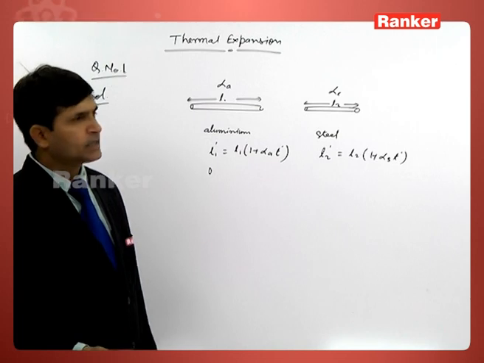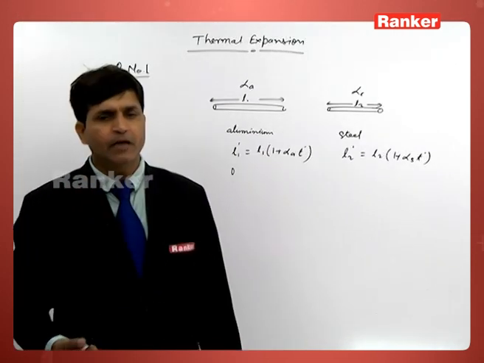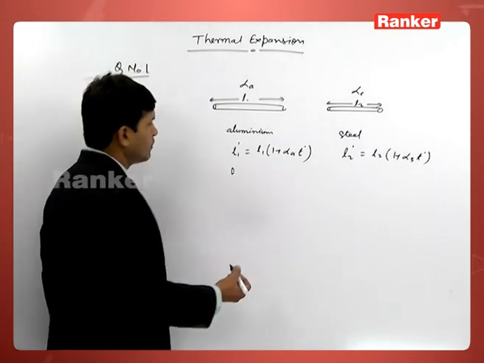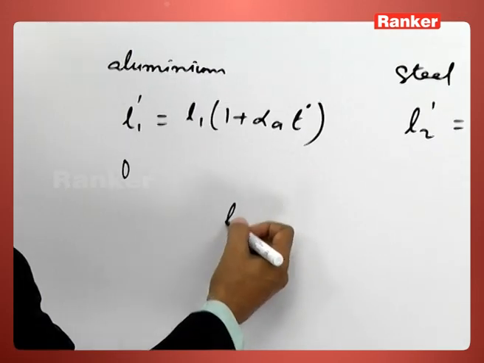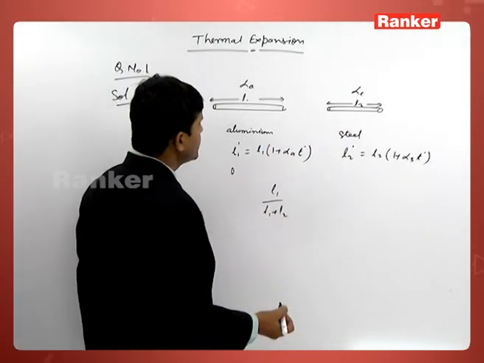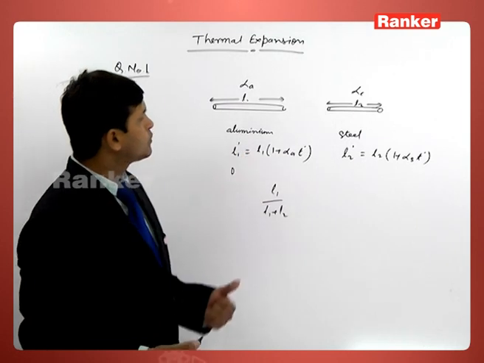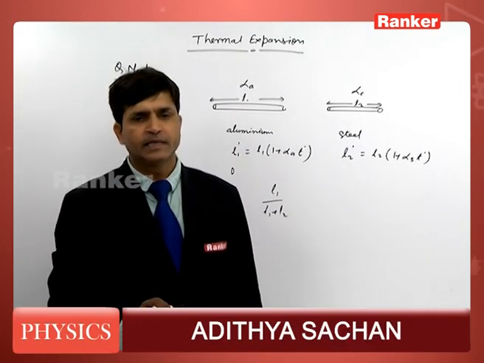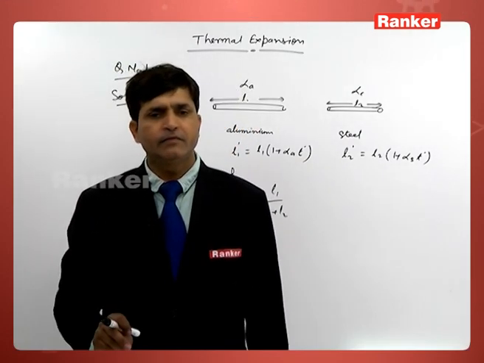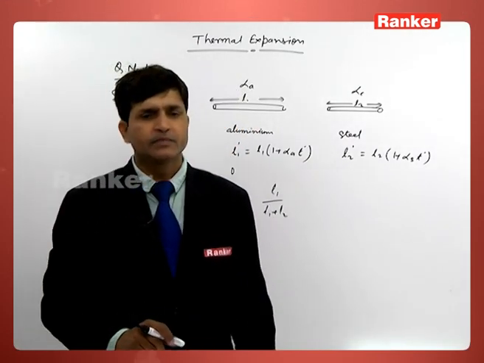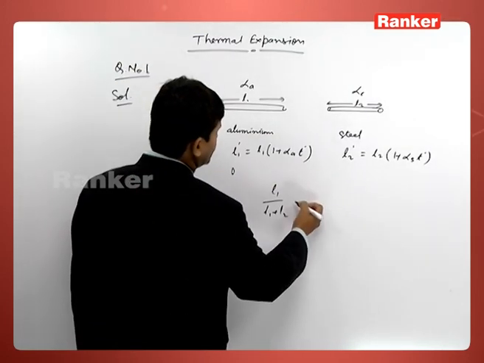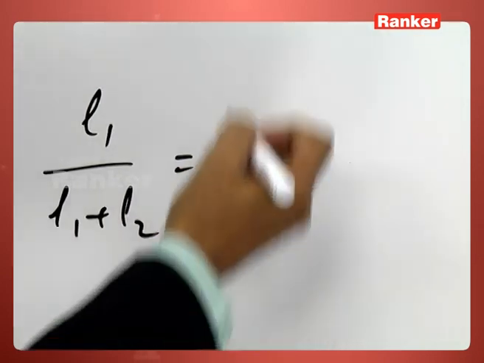Now they are asking what is the ratio of L1 by L1 plus L2 when they are increasing by the same amount. It is given these two are heated up to the same temperature T degrees Celsius, then the length of each rod increases by the same amount. So according to the given question, this we have to determine.